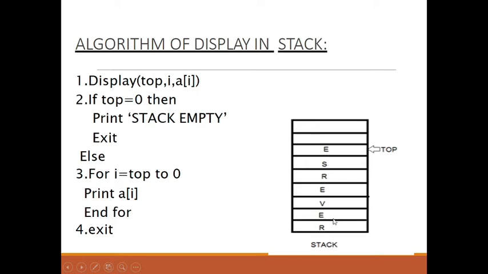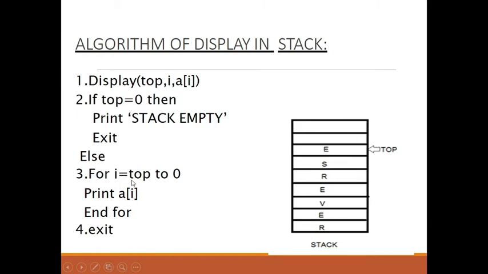If we display the content of this stack, it will immediately be in reverse order, because the displaying starts from the top. So for print of A of I, we will start from the top.